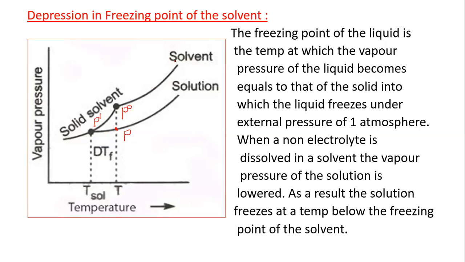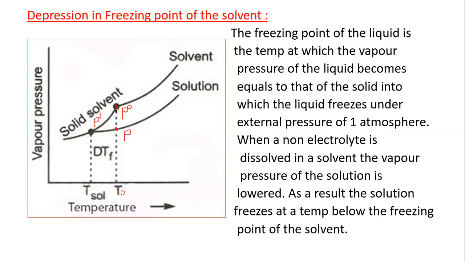As the temperature decreases, the vapor pressure decreases. Suppose we are decreasing the temperature, the vapor pressure decreases, and at vapor pressure P0, the solvent is converted into the solid state, and the corresponding temperature is T0. So it means that T0 is the freezing point of the solvent.